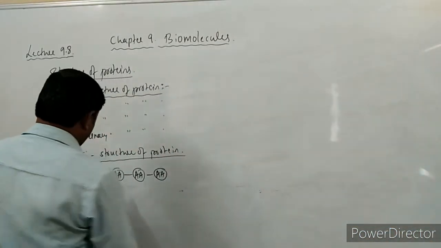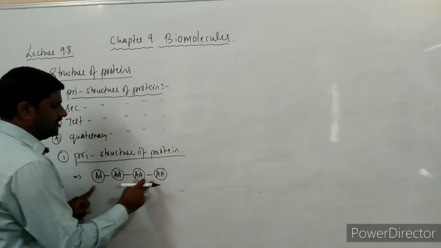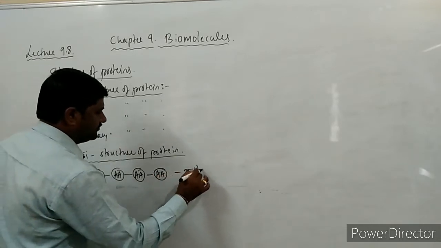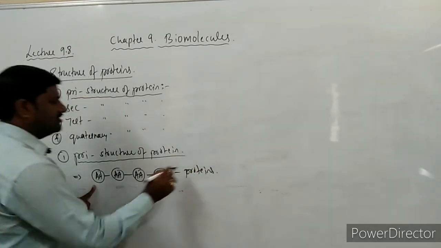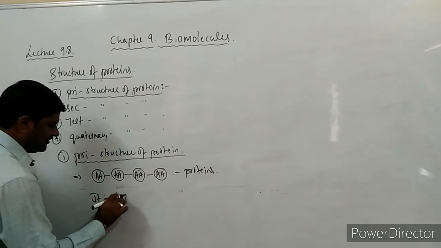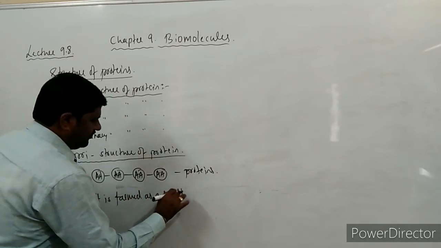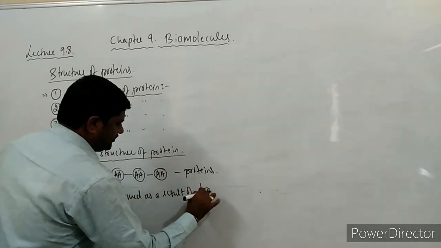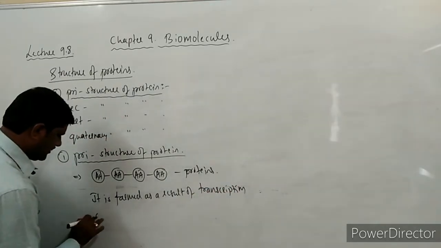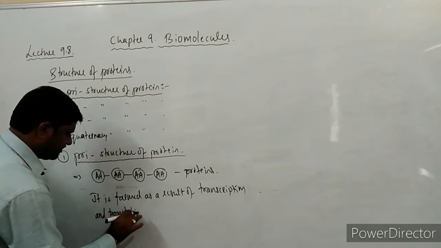This is the simple structure of a protein which contains the chain of amino acids, so that forms the protein molecule. It is formed as a result of transcription and translation.